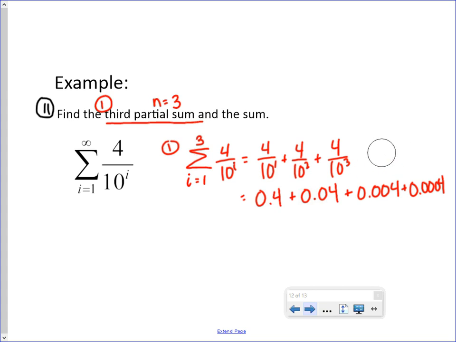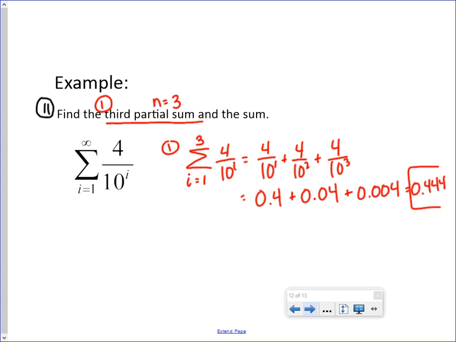I do only need 3. I think I got stuck on that 4. Sorry, thank you, Taylor. The 4 in the numerator was tricking me. It should only be 3. And then, could I add those up? 4, 4, 4. So that's the partial sum.